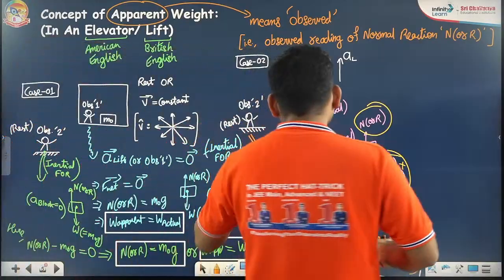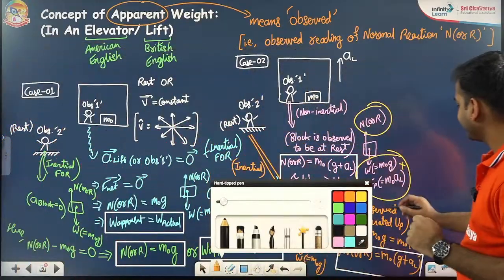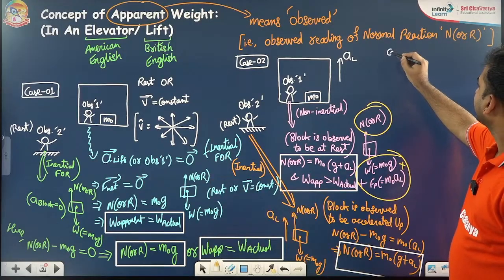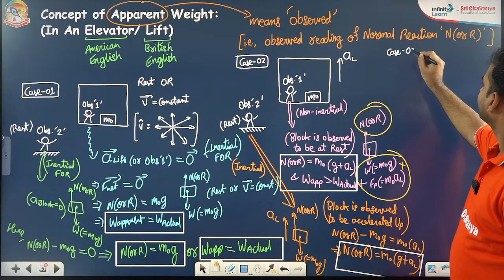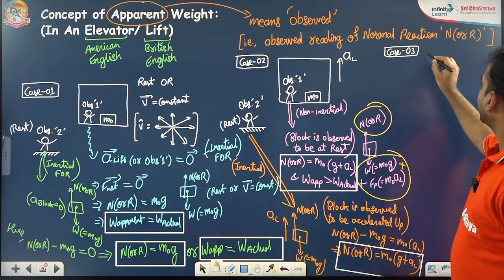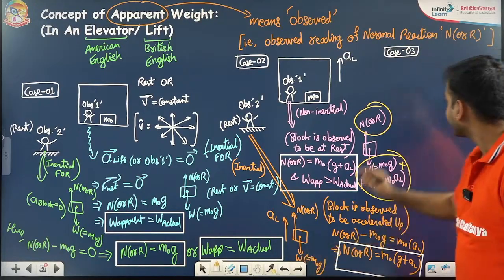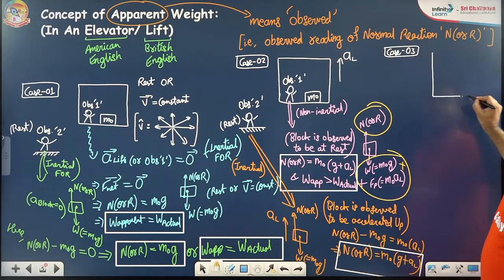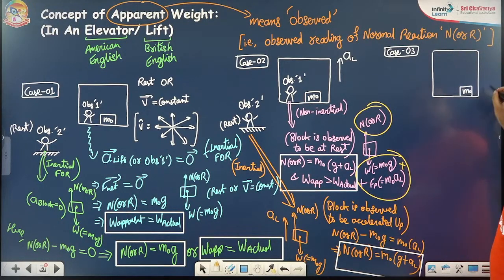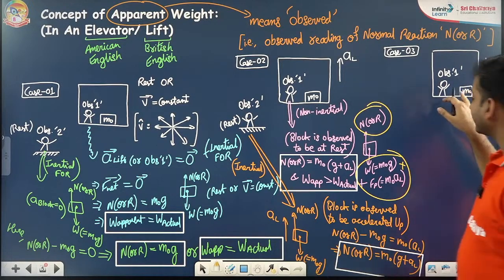But if you are accelerating down, case 3, what is happening? There is a block of mass M naught, and the lift is accelerating down with acceleration AL. This is observer 1, who is himself in the lift.